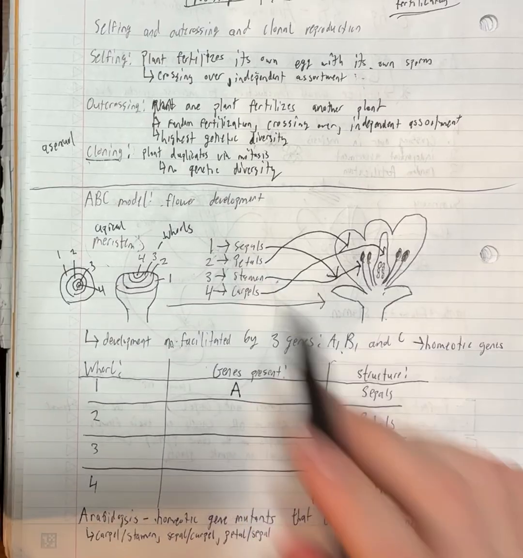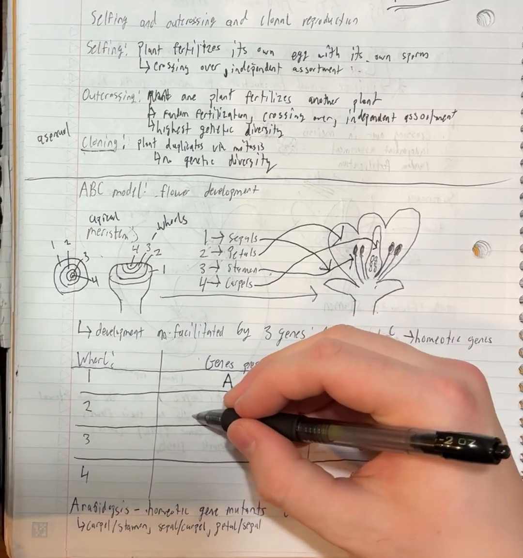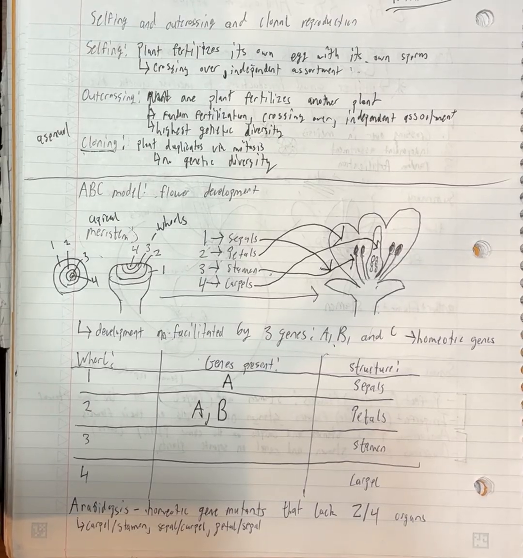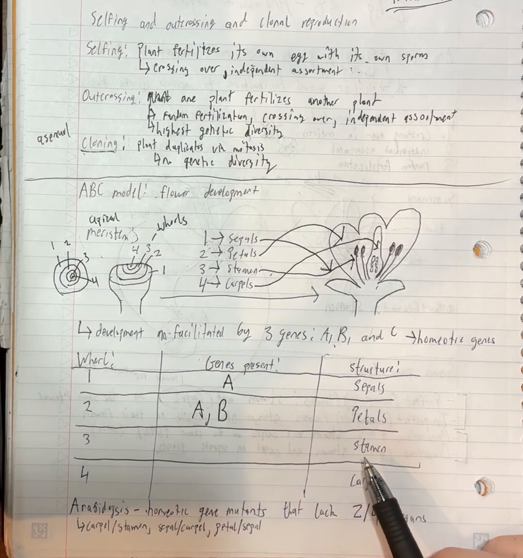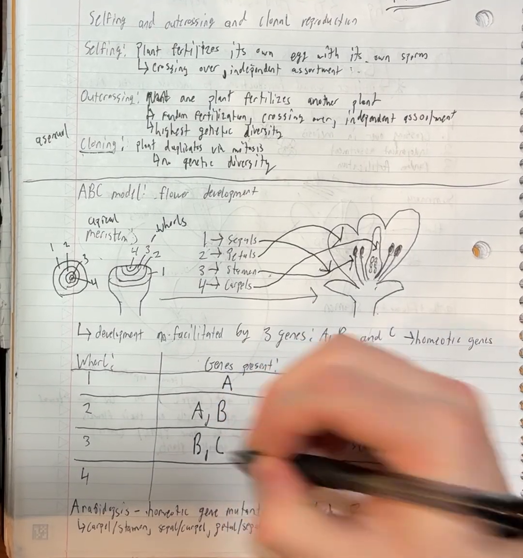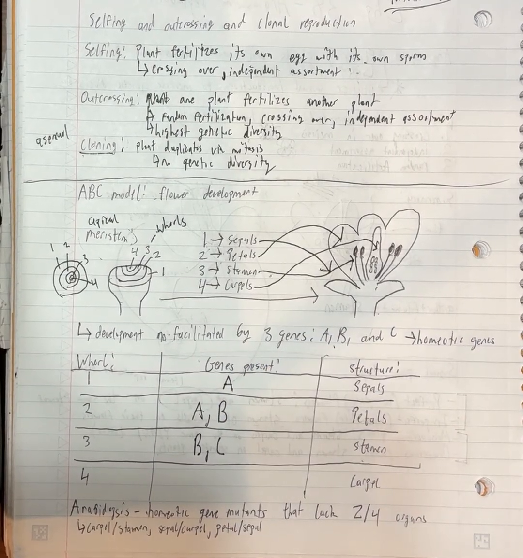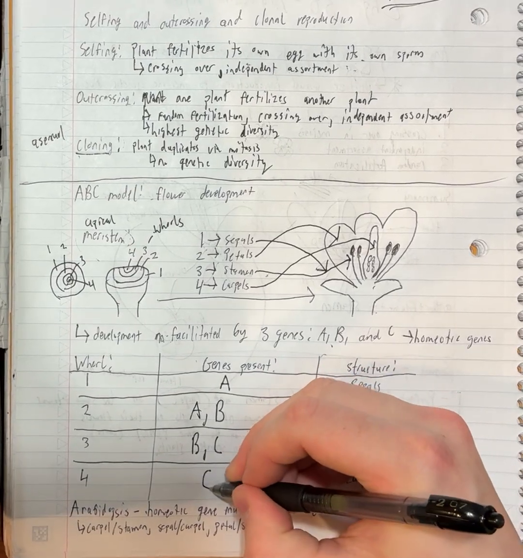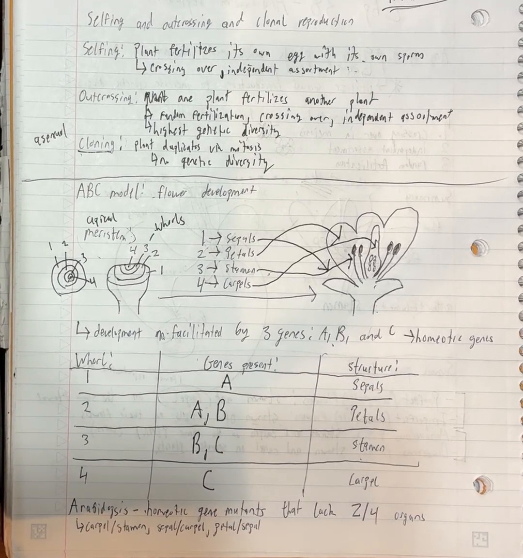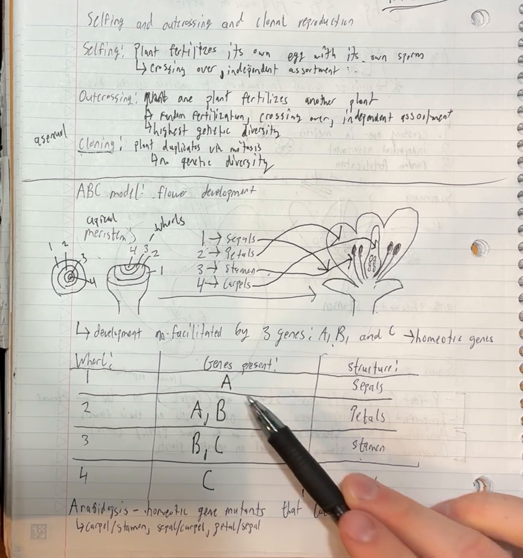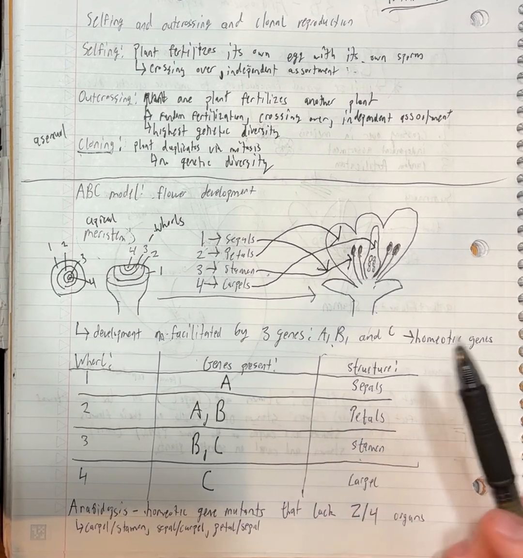In the whorl that becomes the petals, we had gene A and gene B. And then in the third whorl that became the stamen, the male reproductive organs, we had B and C genes expressed. And then in the fourth whorl, which became the carpel or the ovaries, we just had C. So the other thing that we realized from this is that A actually inhibits C, and that's why A and C are never together.